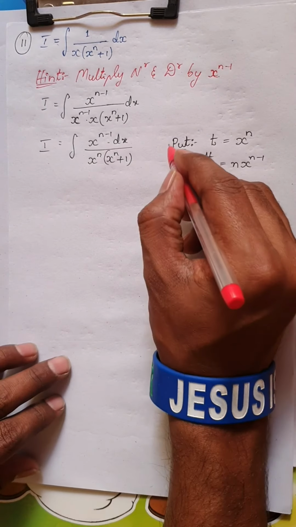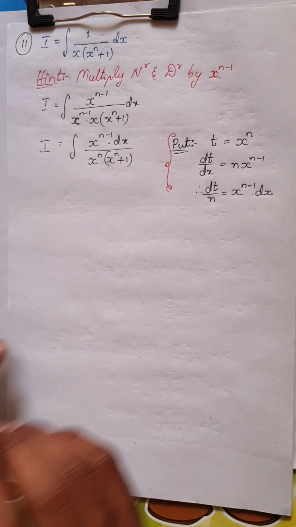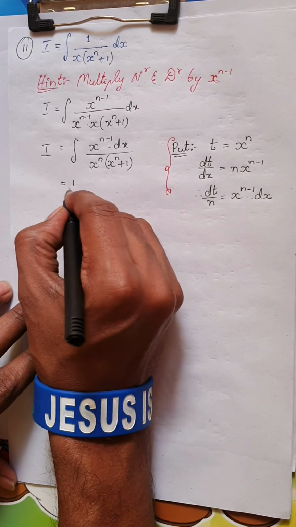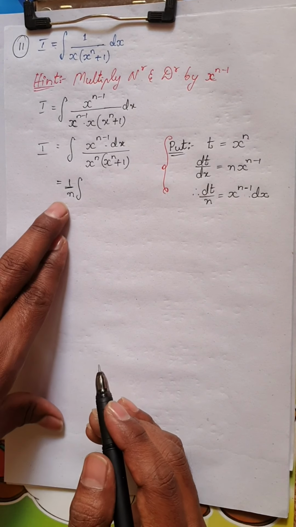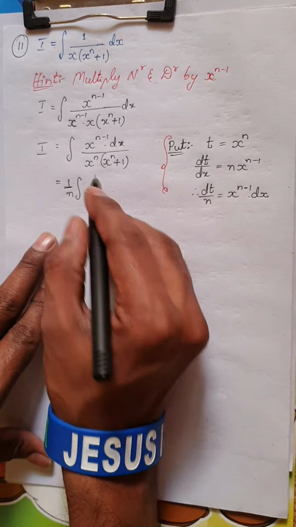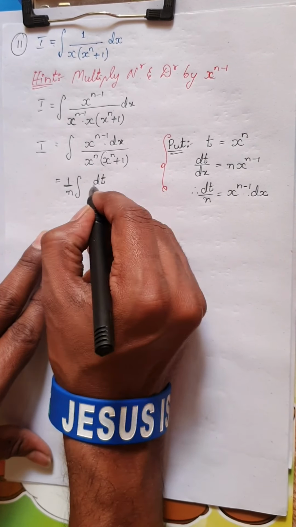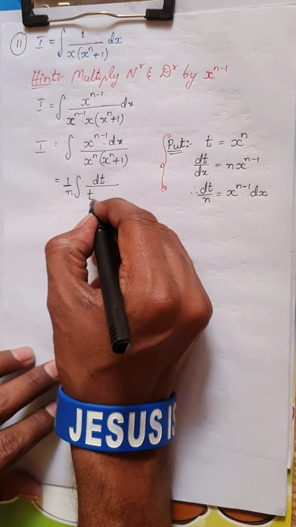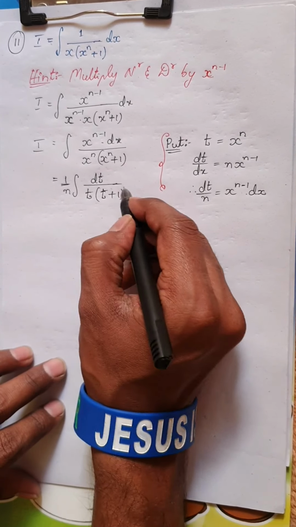This is the substitution as we generally do. So this becomes 1 by n into, the numerator x power n minus 1 dx is simply dt, and x power n becomes t, and x power n plus 1 becomes t plus 1.